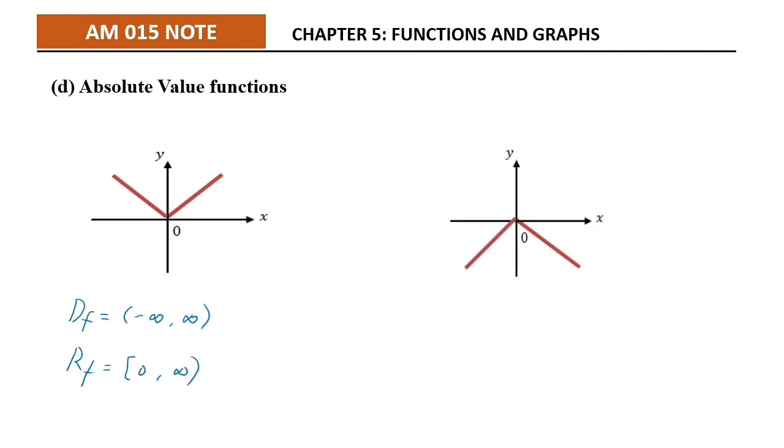Next example, domain. The leftmost value is negative infinity up to infinity, and then range starts from below, negative infinity, up to 0. There is no graph above 0.